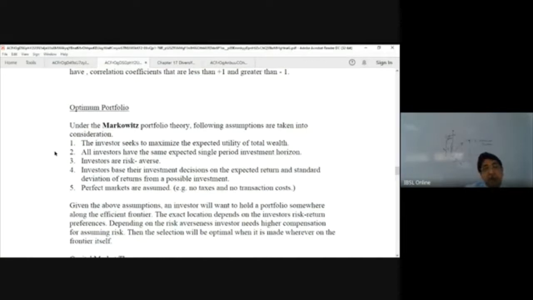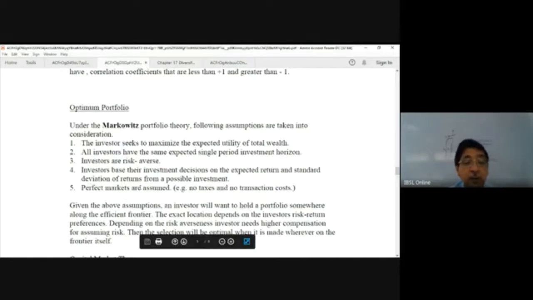But for an organization like a pension fund, their investment horizons are very, very long. Likewise, the investment horizon depends on the investor's perspectives or investment choices. And they always base their decisions on expected return and standard deviation from a possible investment. So that's another assumption we make. And we always assume perfect markets.